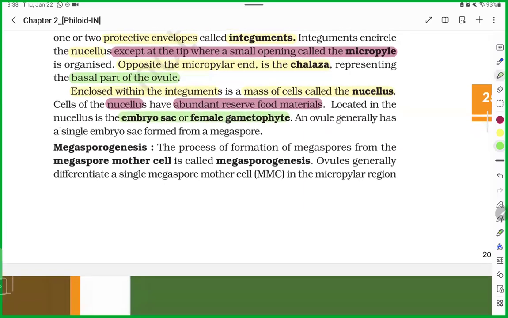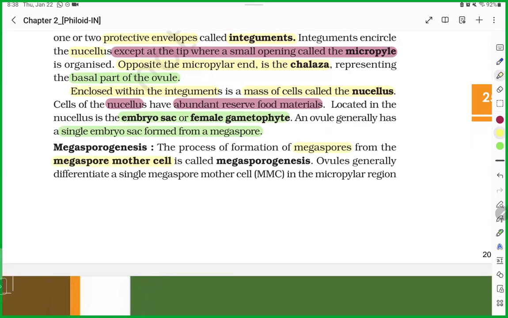The ovule generally has a single embryo sac formed from the megaspore. The process of formation of the megaspore is megasporogenesis.